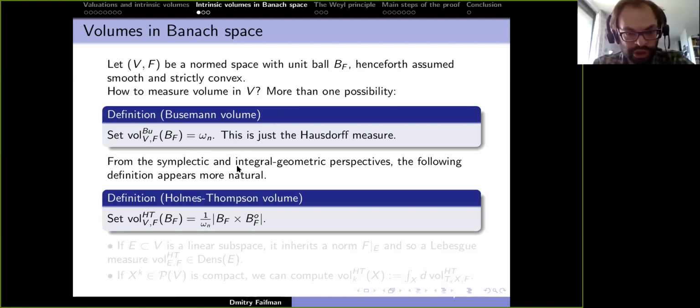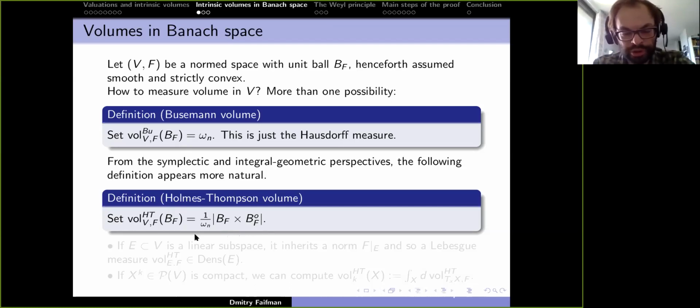So once again, what we need to do is to normalize the Lebesgue measure. We need to say what is the volume of the unit ball, and you declare it to be equal to the Mahler volume of the unit ball, which is the volume of this product B times B dual, with some constants.